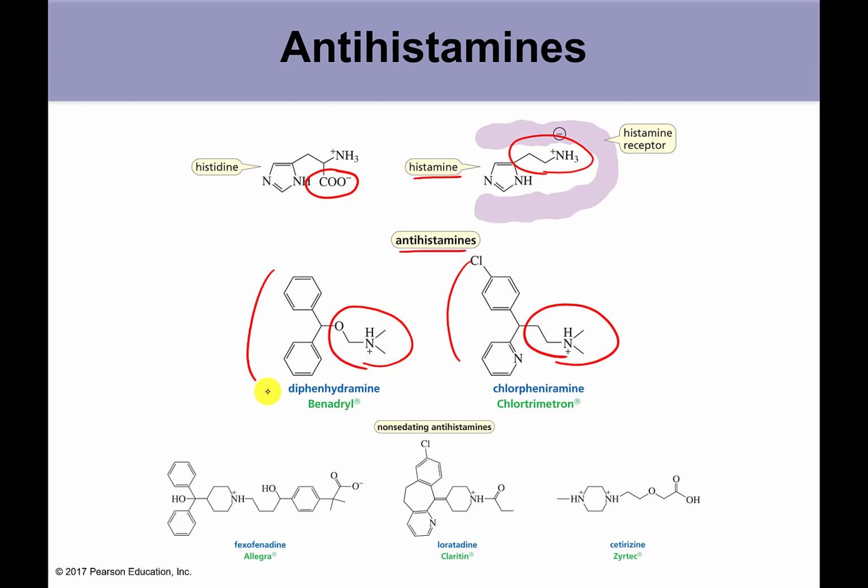So if you think about your brain, it's essentially surrounded by a nonpolar membrane. And so the types of molecules that can be transmitted to your central nervous system are those things that are nonpolar. And so Benadryl and chlortrimeton were too nonpolar. And so what they had to do was they had to have some polarity to the structure in order to try to keep it from crossing the blood-brain barrier.